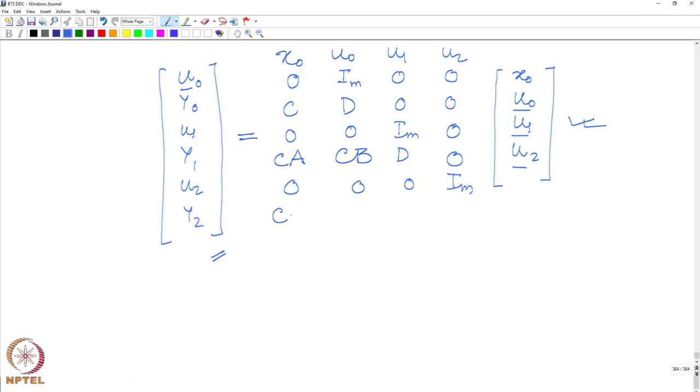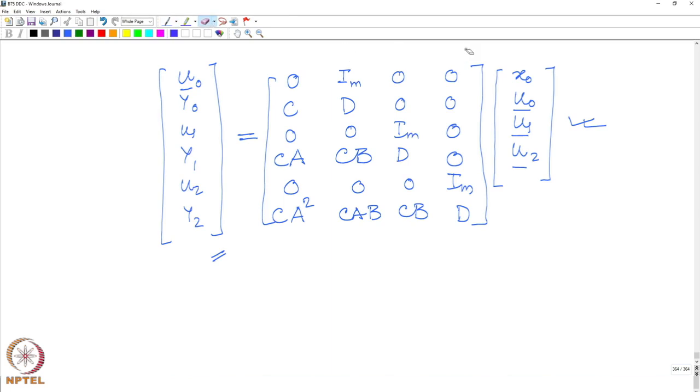And once again following the same trick, I will have C A squared, C A B, C B, and D again. Remember, we had used this matrix to do the dimension calculation of those B_L's. This is the matrix, but now I am going to rearrange it a little bit.